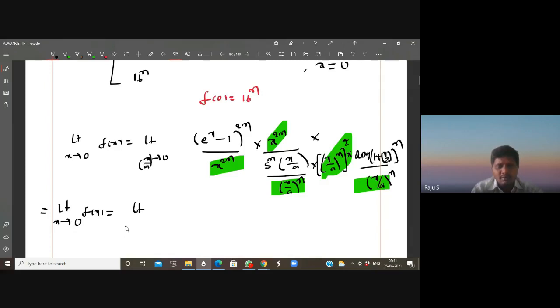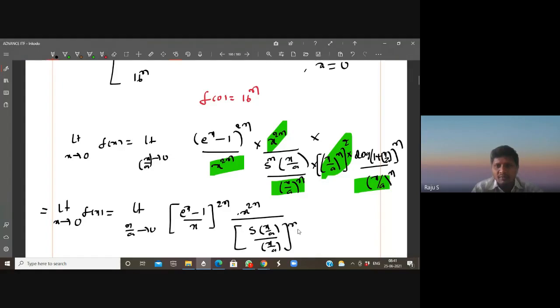Yours is limit x by a tends to 0. Here it can be written as e power x minus 1 by x whole to the power of 2n, x power 2n. And downside this can be written as sine x by x by a whole to the power of n, into 1 by, see, x by a whole power n whole square.